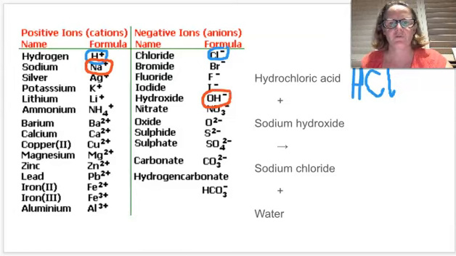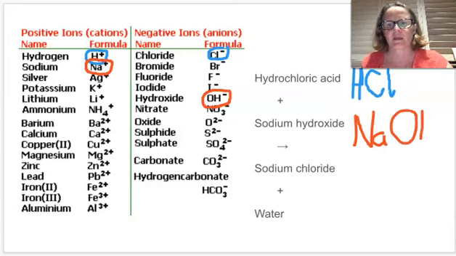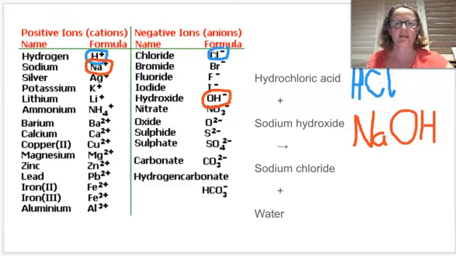So for the formula for sodium hydroxide, we've got a single plus and a single minus, so they cancel each other out. We just need 1 of each to make our formula sodium hydroxide, Na, and then a capital O, capital H for hydroxide, so NaOH. Okay, sodium chloride. We've met these ions already, so sodium is Na+, and chloride is Cl-, so a plus and a minus that cancel each other out.